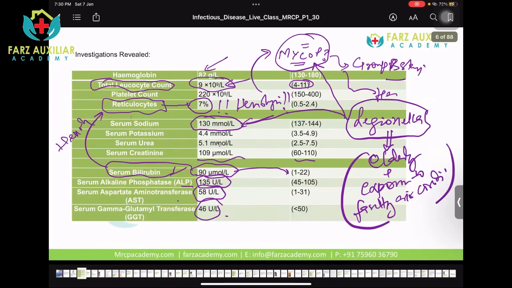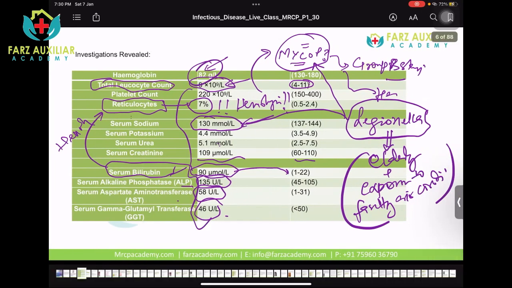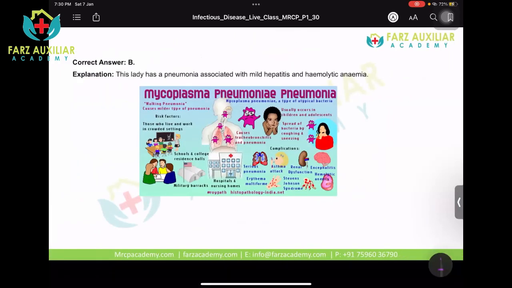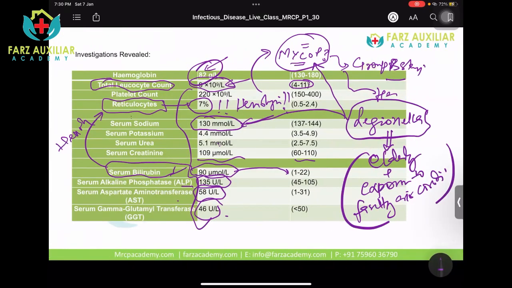So the patient has anemia, 8.2 grams, and the patient has all these features. So hemolytic anemia due to an infection. Oh, this patient has mycoplasma pneumonia infection. As I had mentioned, this all is hinting towards mycoplasma. Can you see? We had already mentioned here. Mycoplasma pneumonia produces IgM antibodies, which are cold agglutinins.